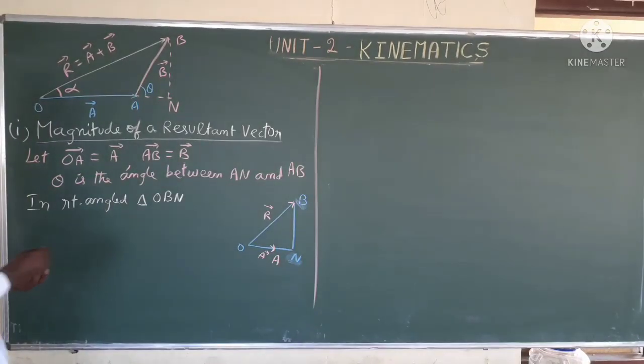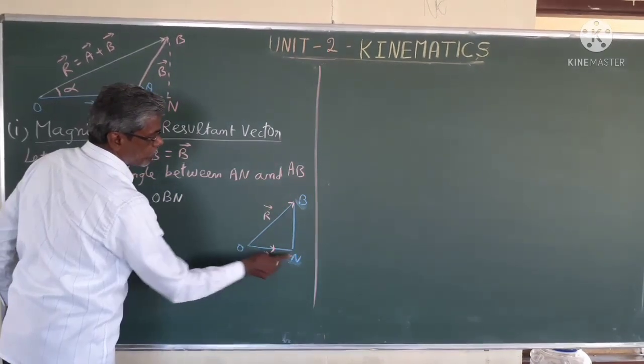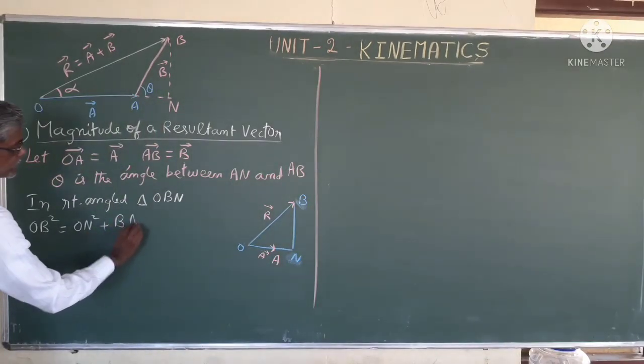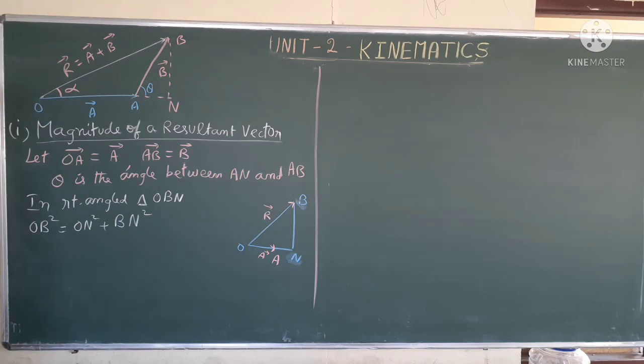So in right angle triangle OBN, according to Pythagoras theorem, I can write OB square equal to ON square plus BN square.